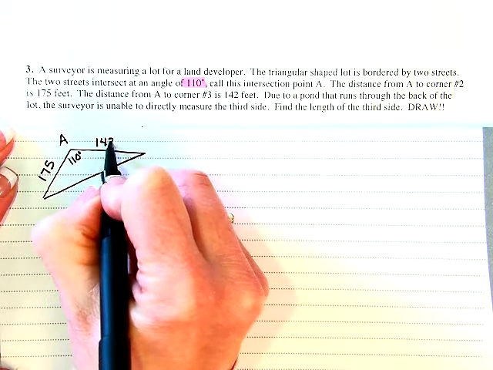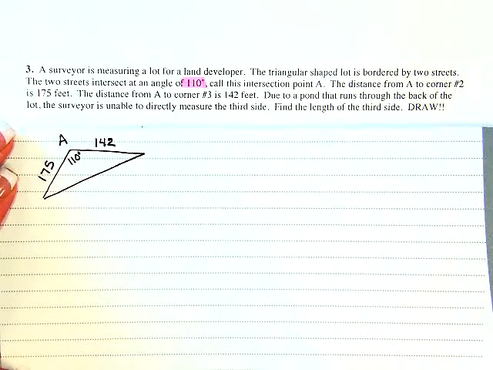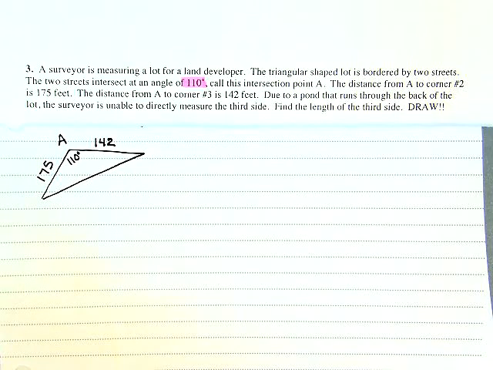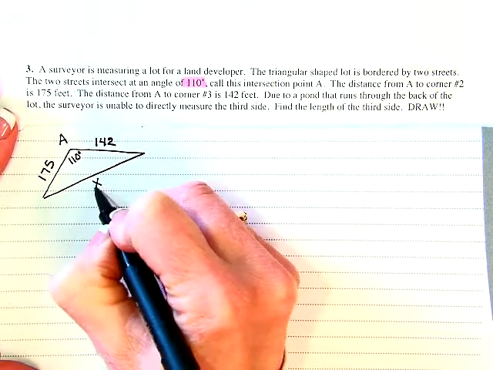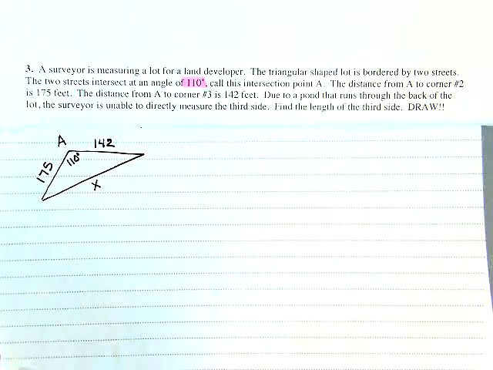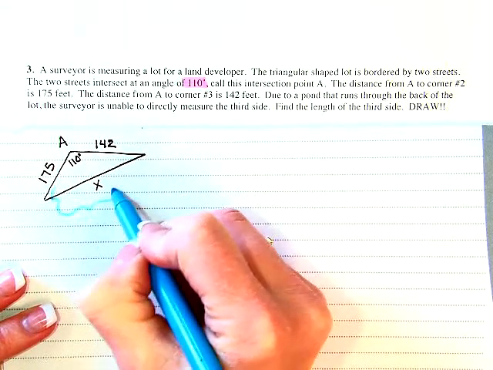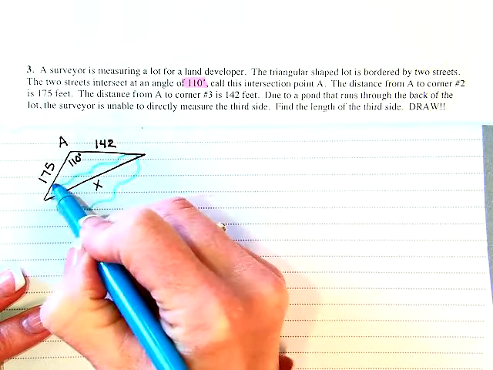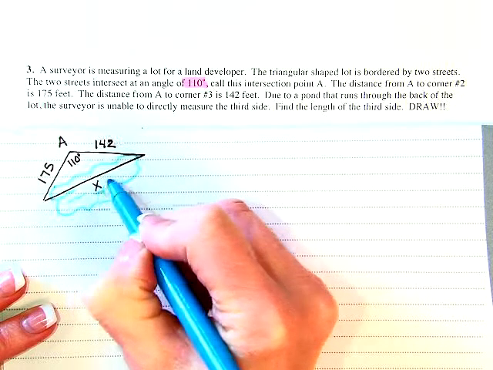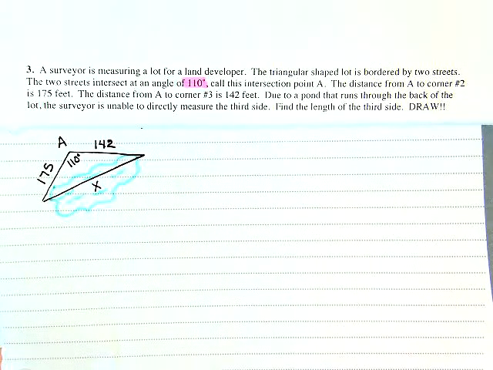So I want to put in, oops, I almost wrote that wrong, a 142 there. And the question is, what is the length of the third side right here? Because there's a big old pond going through here, and we can't measure it. So, there's your pond.